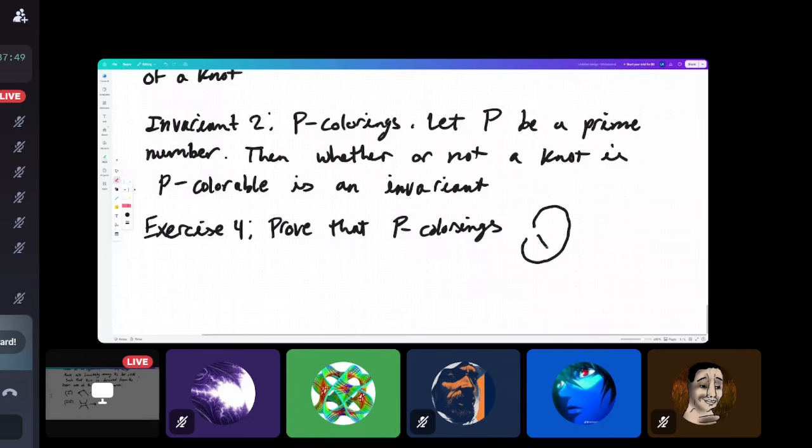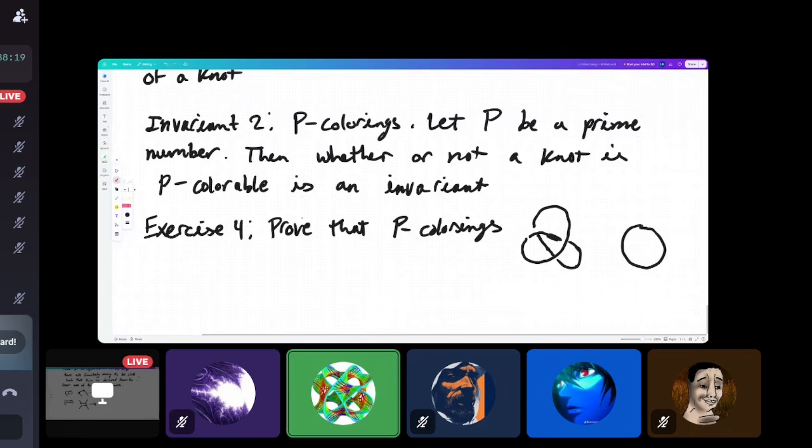We have something like this. Ignore my bad drawing. We have a trefoil knot. The trefoil knot is 3 colorable, but the unknot is not 3 colorable.